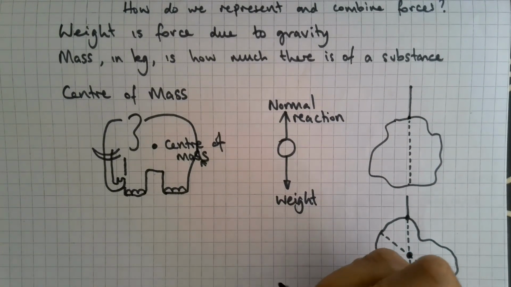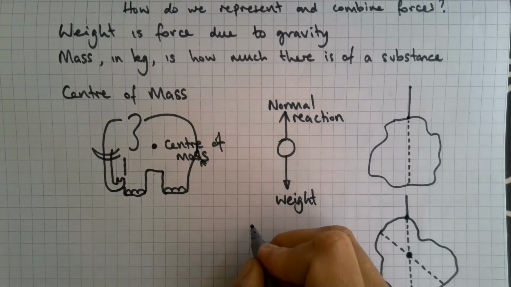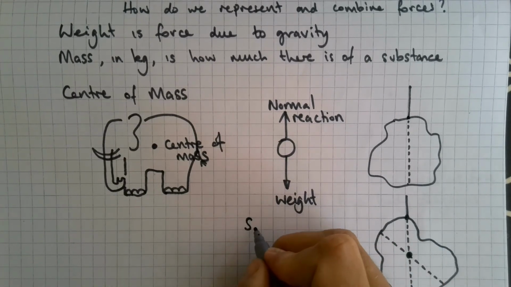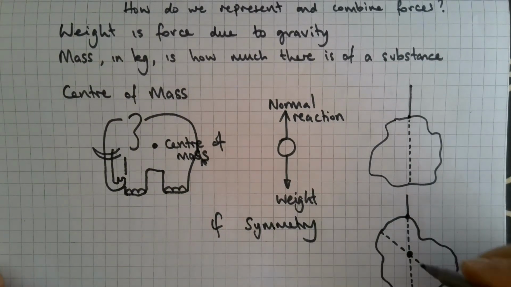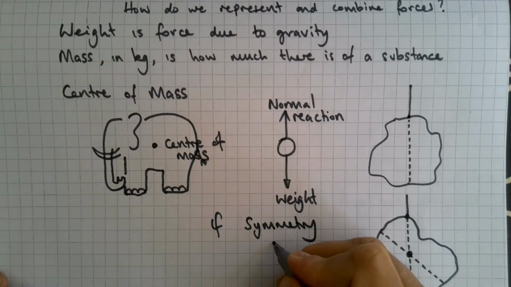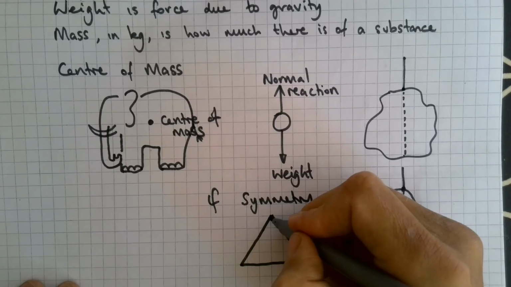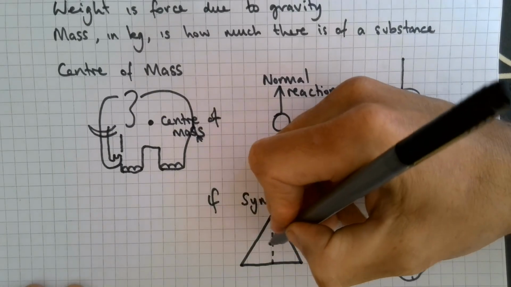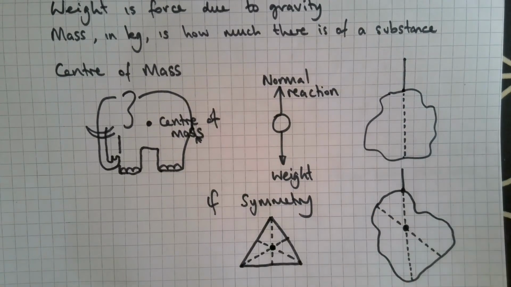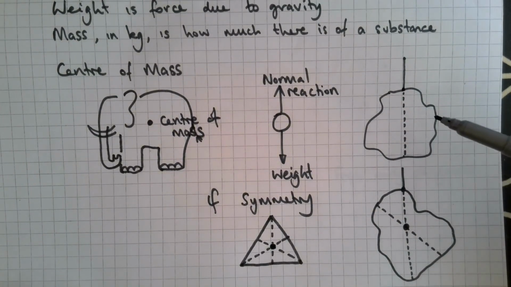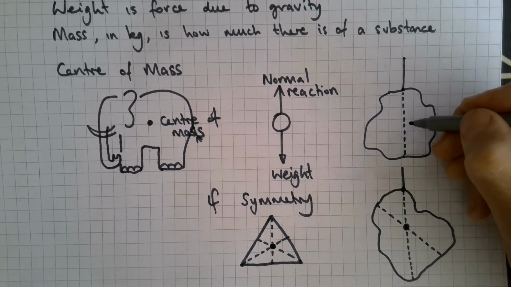If it is a symmetrical object, so if there's symmetry, then we can use that to predict what the centre of mass is on the object. So if I draw lines where there would be symmetry, then I can work out where the centre of mass is. So if you've got a random object, then you need to suspend it and look at where the centre of mass would be.